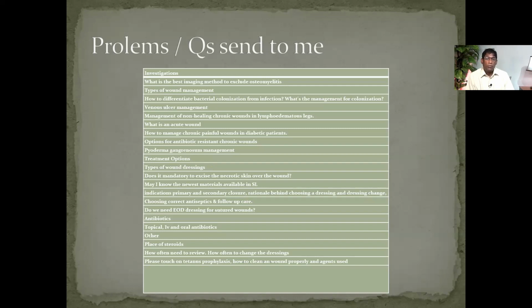So another important topic where it's not being done correctly. So when you have infected wounds, you leave it open for secondary suturing, right? It's usually done after 48 hours, but in some cases may not be possible.